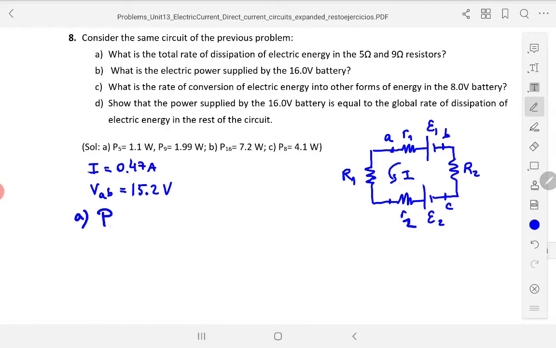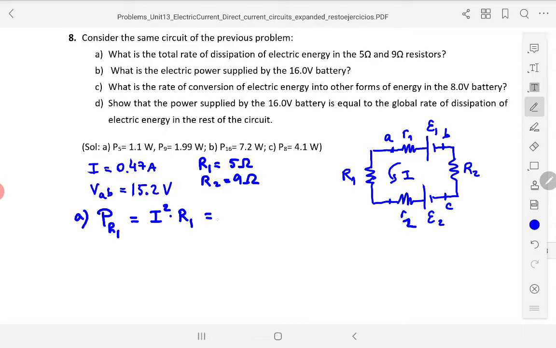So the power loss in resistor R1 is going to be given by the square of the electric current times the resistance of this resistor. If you do the maths, because we already knew the values of R1 and R2, which were provided in the previous problem, R1 was 5 ohms and R2 was 9 ohms.